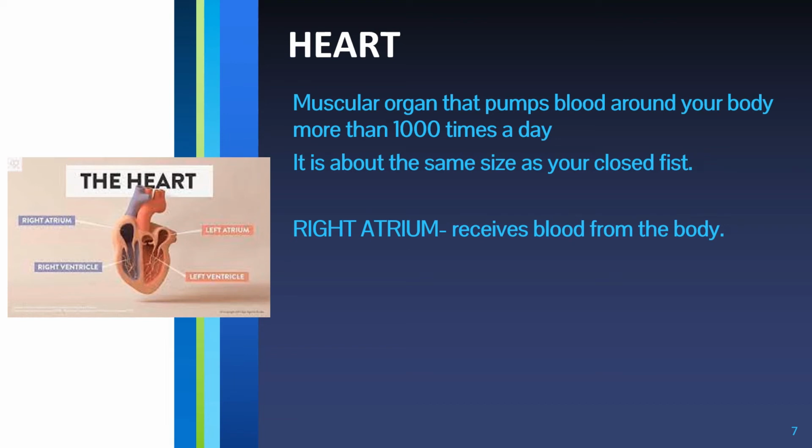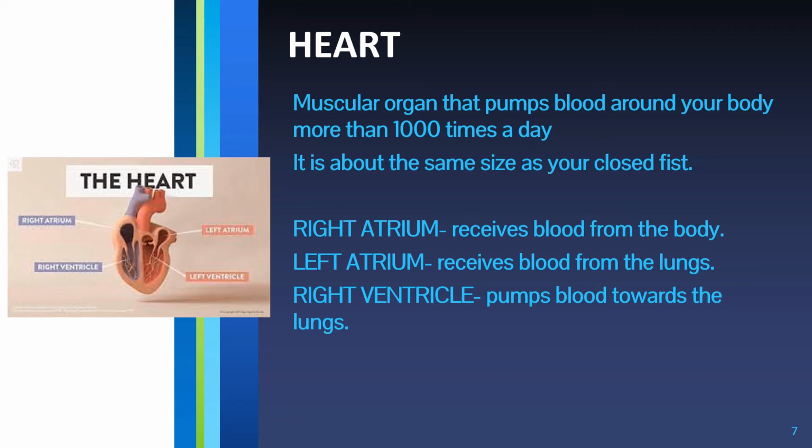Okay, so for the right atrium, so ito po yung right atrium, receives blood from the body. Left atrium receives blood from the lungs. Okay, so yung right is from the body, yung left atrium is from the lungs.